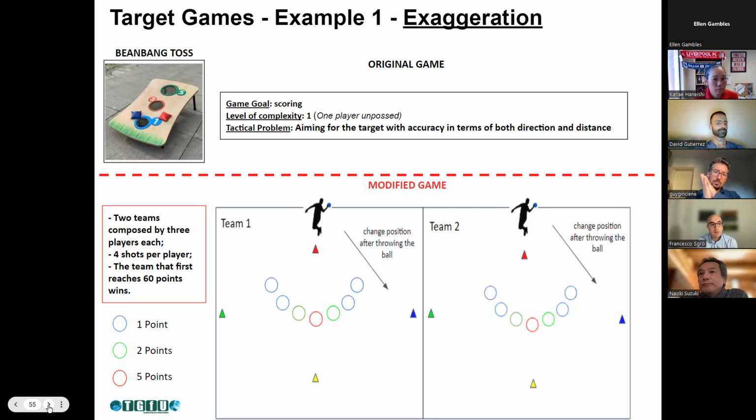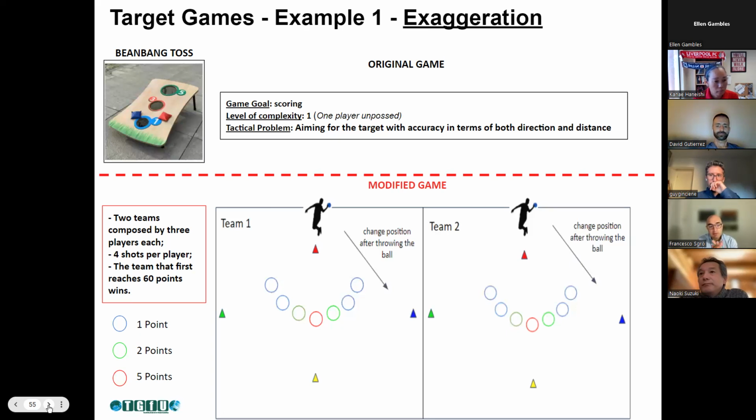The original game we chose is a bean bag toss game, which involves a player throwing a bag from a line to one of the holes placed in an inclined table. Each hole has a different color and each hole has a different score, as you can see in the slide.